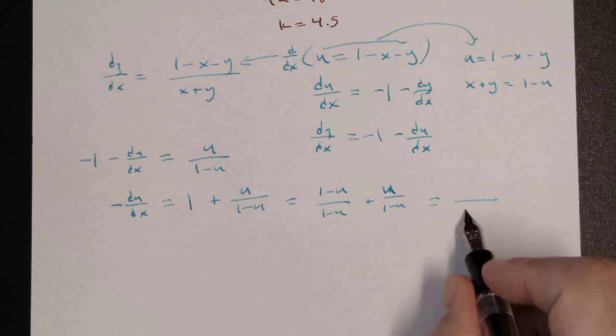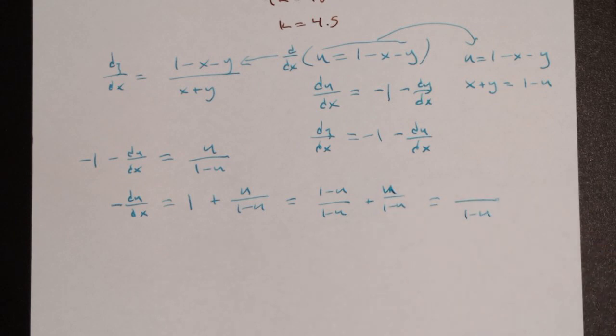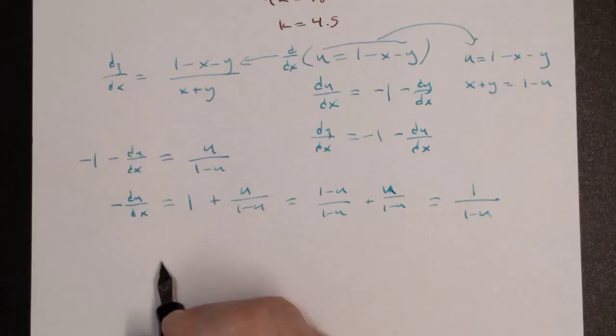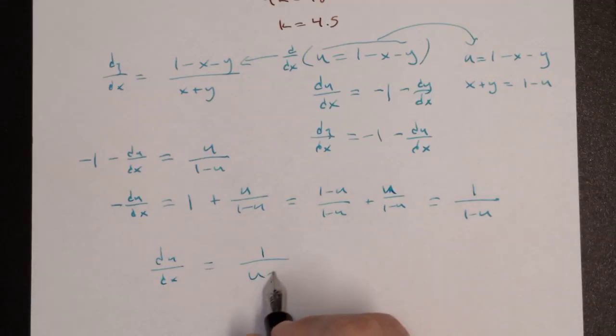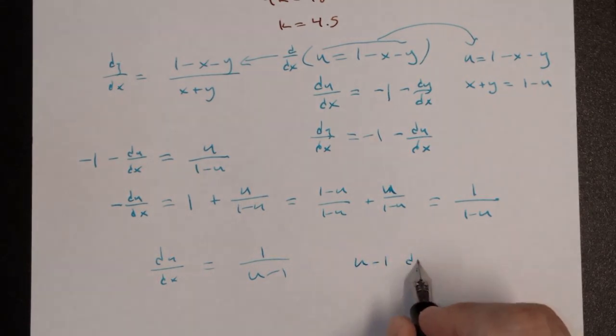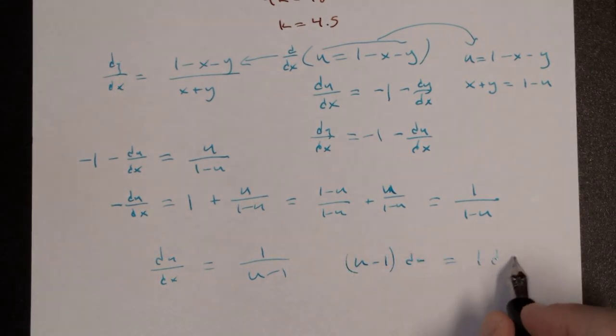What does that turn this fraction into on top? Which means du/dx, if I move the minus to the other side, is 1 over u minus 1. That's separable. I moved the minus sign, so I switched the order. u minus 1 du equals 1 dx.